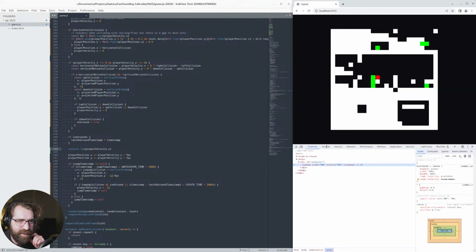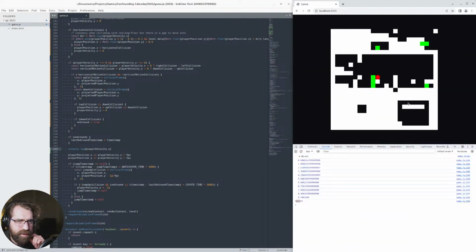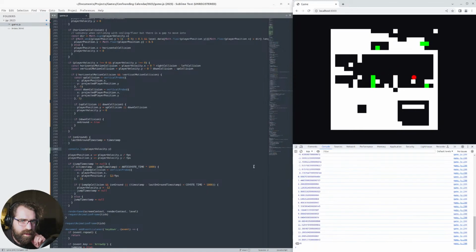I wonder if it's got anything to do with that. Currently my velocity is 0, cool. And if I land here, my velocity is 0. In fact, I would always collide with the floor, and therefore the velocity would always be 0. It's not like it can build up over time.